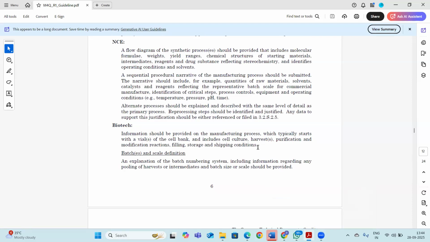All this I am sure you have studied in your pharmaceutics. How a new chemical, what are the manufacturing processes in the drug substance manufacturing or for a biotech process.